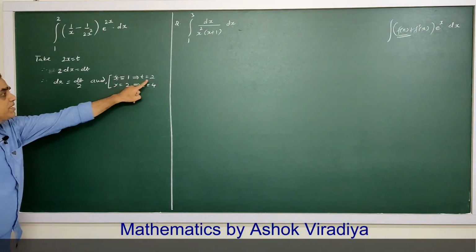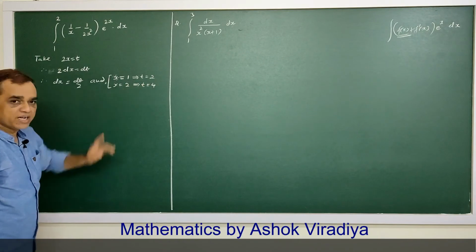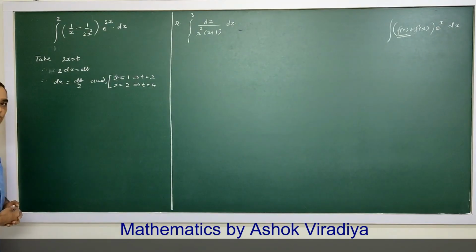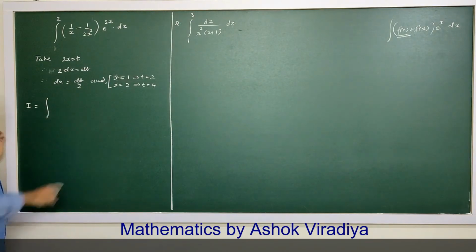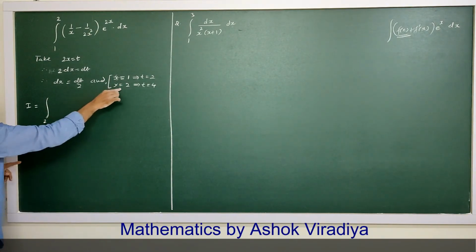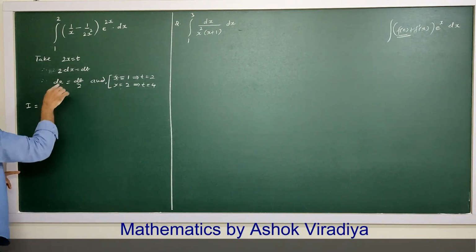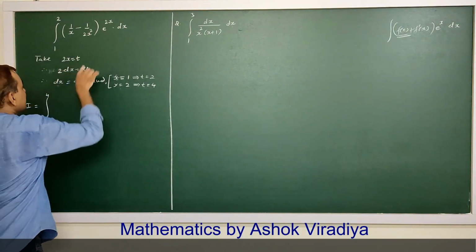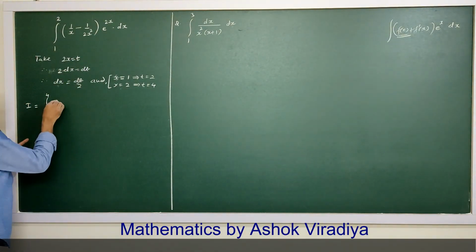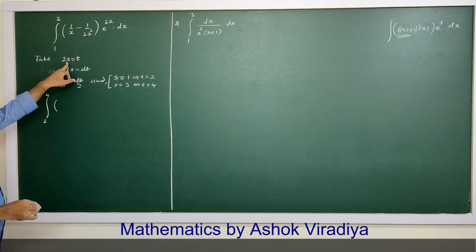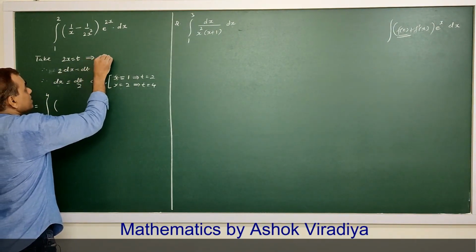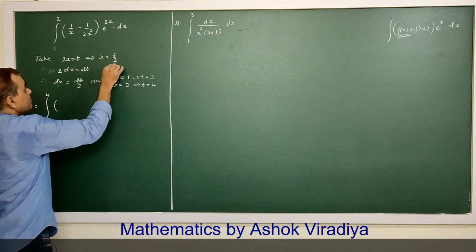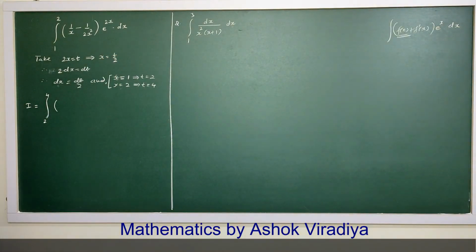So 1 will be replaced by 2, 2 will be replaced by 4 when converting in the new variable. So the integral is, 1 will be replaced by 2, 2 will be replaced by 4, dx will be replaced by dt by 2, and here x is replaced by t by 2. 2x is t, so x is t by 2.